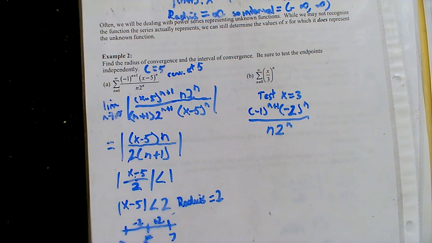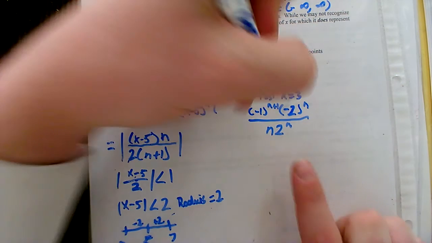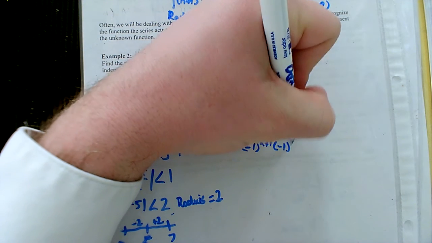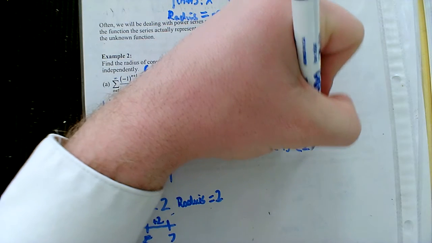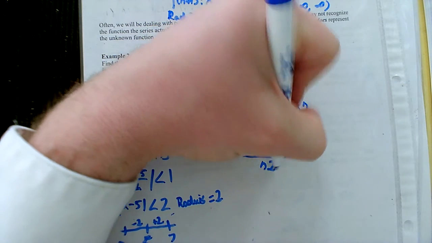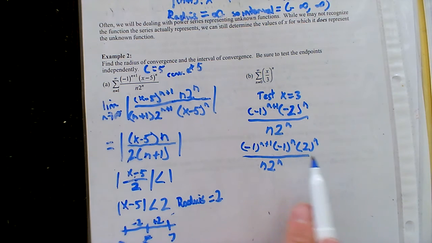Just pull out a -1 to the n. Yeah, we could change this to -1 to the n plus 1, pull out a -1 to the n, and multiply it by 2 to the n. -1 to the n times 2 to the n would just be -2 to the n.